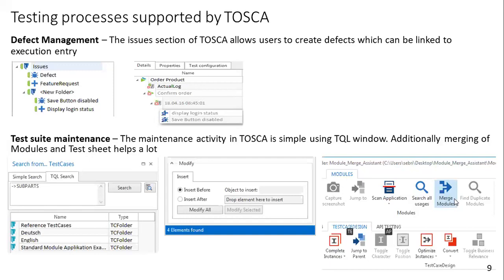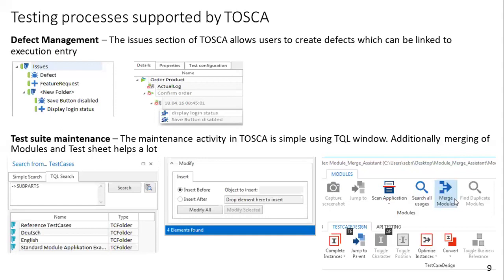What Tosca says is, do not do that. You merge the modules. Even if you make this type of mistake, you have a facility to merge those things. Internally, whatever test cases you might have linked will automatically get interlinked. So there will be no impact on your test cases, even if you merge your modules. But to do that in any other tool, it will be a little bit tricky.